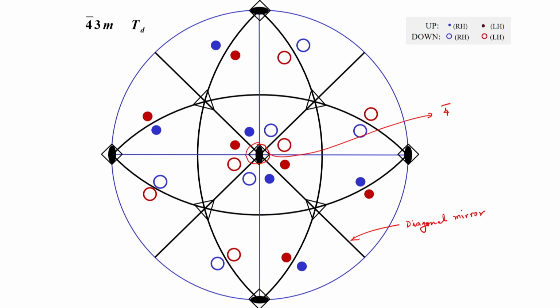You can see there are three four-fold roto-inversion axes. One is perpendicular to this figure, one is running horizontally, the other is running vertically, and they are at 90 degrees to each other. The international notation for this point group is 4 bar 3 m. Schoenflies is T_d, adding a diagonal mirror to the tetrahedral group.